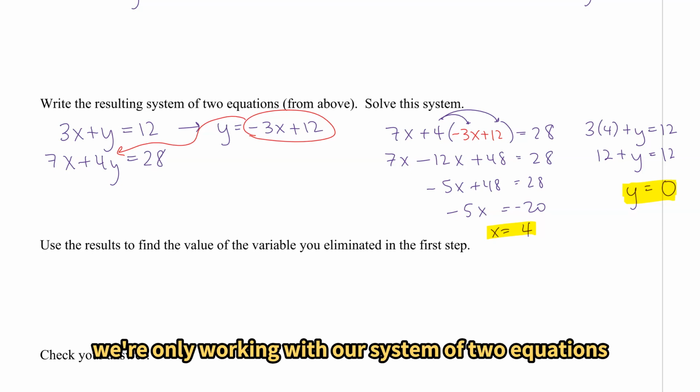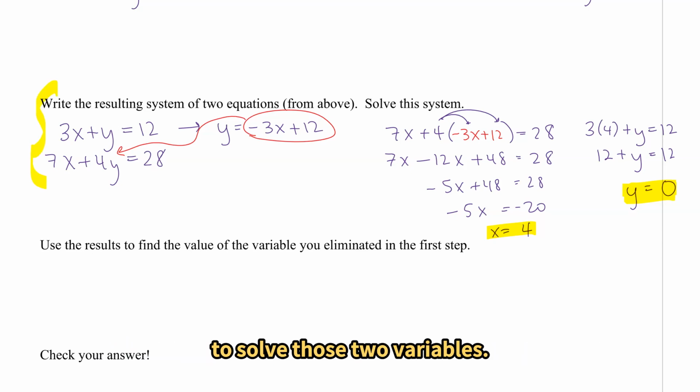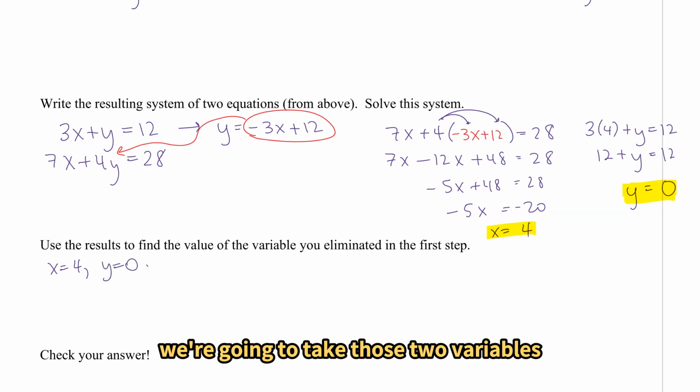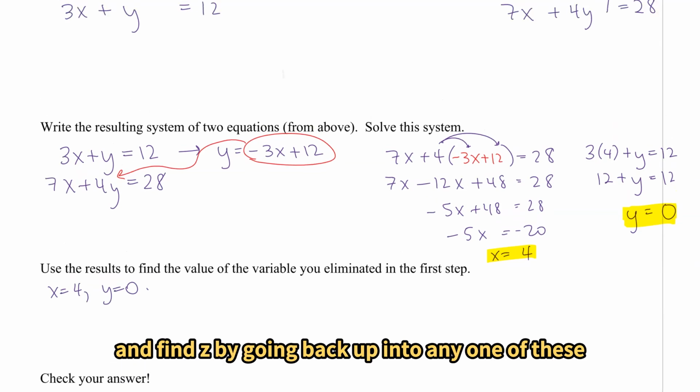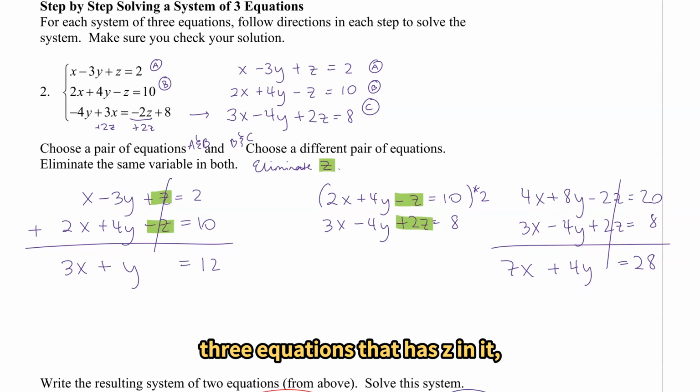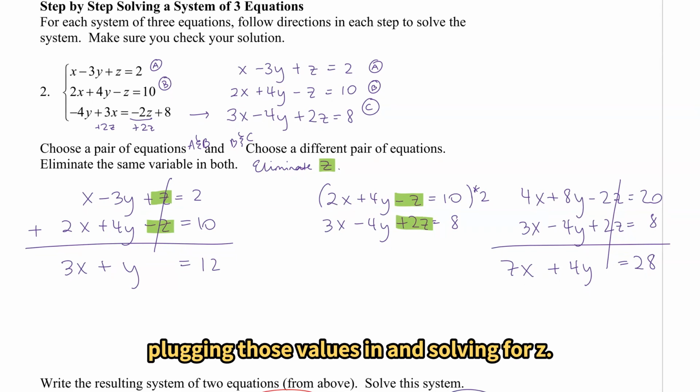Notice right now we're only working with our system of two equations to solve those two variables. Now that we have two variables, we're going to take those two variables and find z by going back up into any one of these three equations that has z in it, plugging those values in and solving for z.